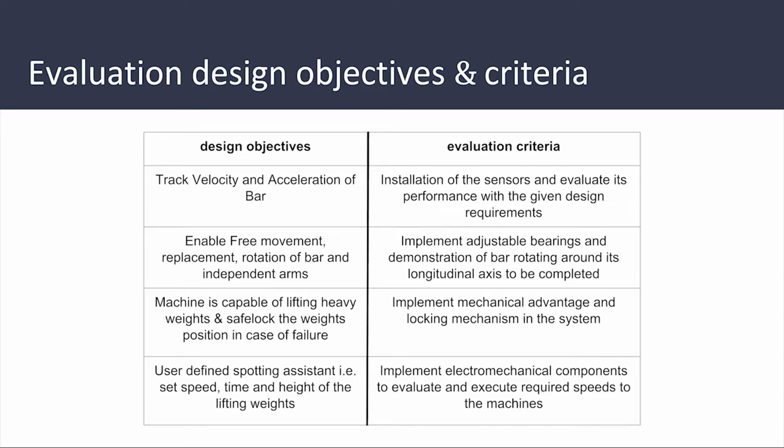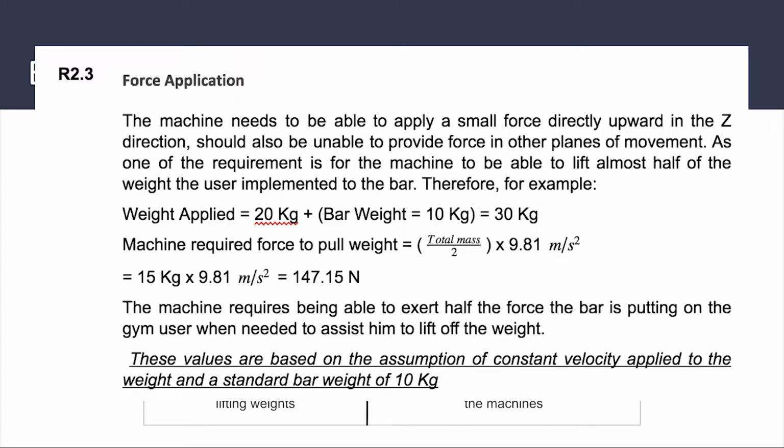Force application: the machine should only apply a small force directly upwards in the Z direction to help the user lift the bar when required. Analyzed from calculations, we determined that the machine needs to exert a total of 147.15 newtons when 20 kilograms of weight is added onto the bar, that is 10 kilograms.